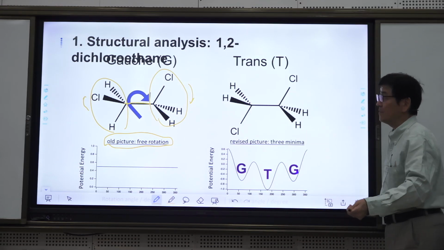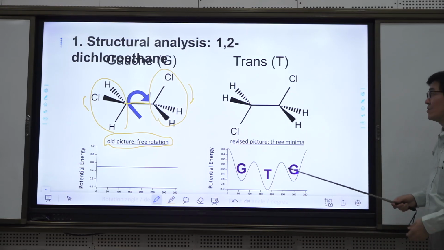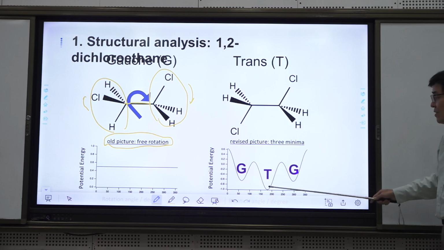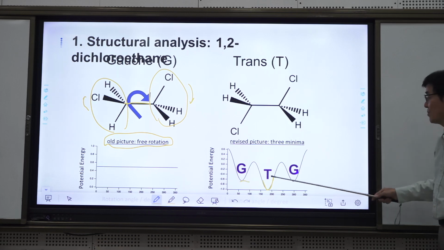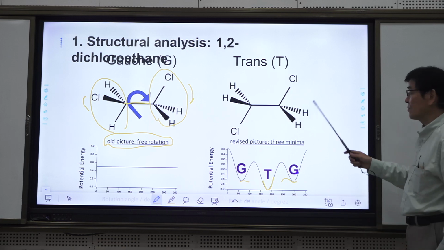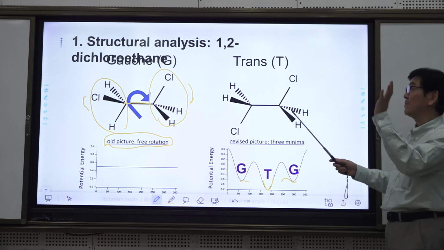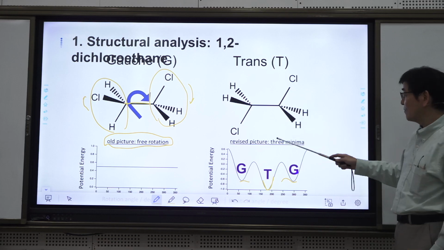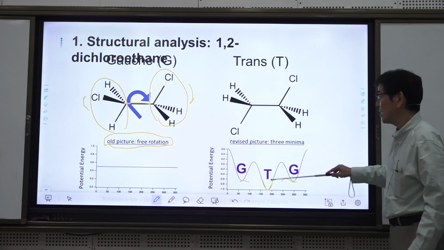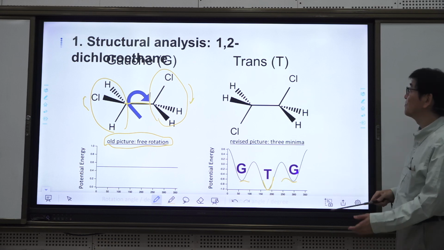But actually, it should be better to consider three energetically stable structures, with a more stable trans form than the gauche form. So, due to the experimental result, they concluded there are three minima in the potential curve.